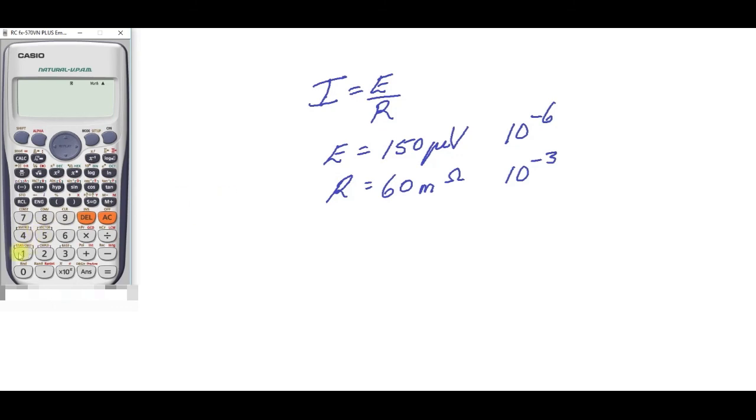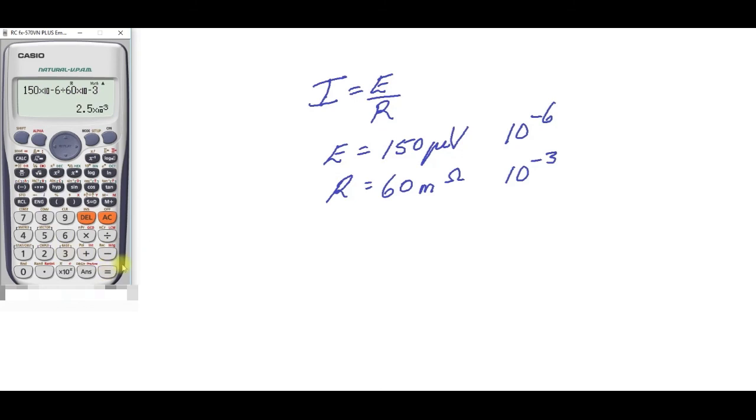So 150 microvolts, all clear. 1, 5, 0, exponent minus 6. There's 150 microvolts. Divided by 60 milliohms, 6, 0, exponent minus 3.